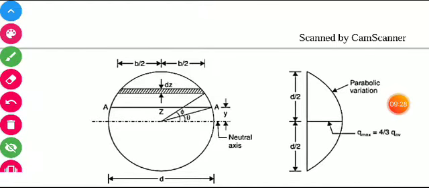You consider one element, the thickness of this element you consider dz, at a distance z from the neutral axis, and the angle you consider theta from the radius to one end to another end. This is the b, this is d.